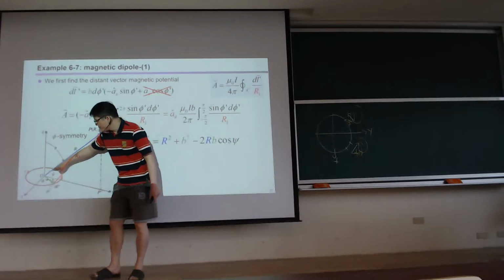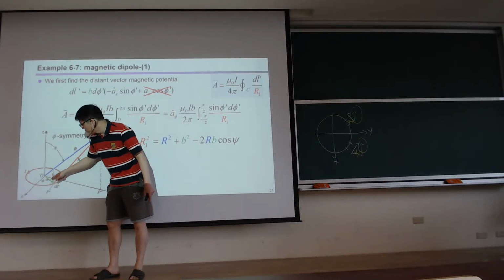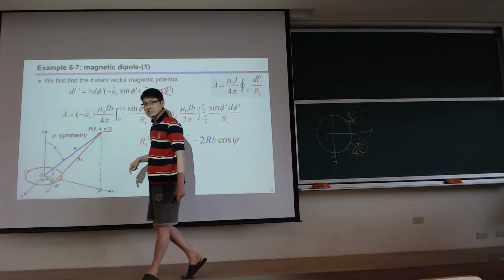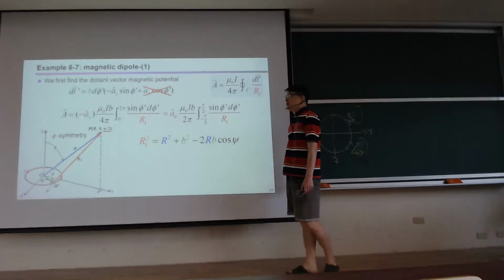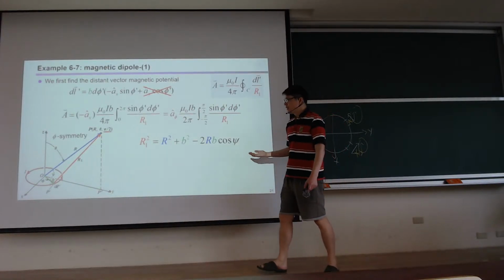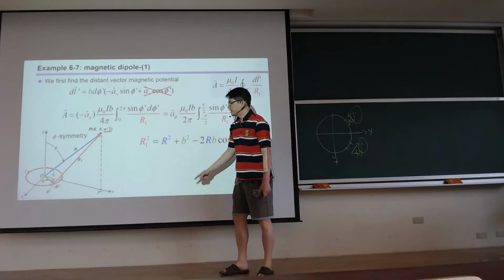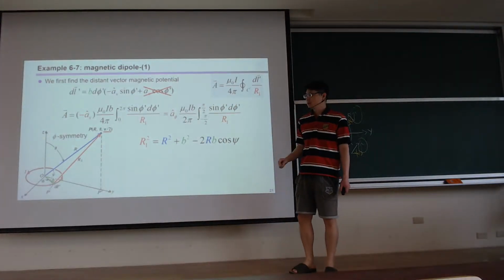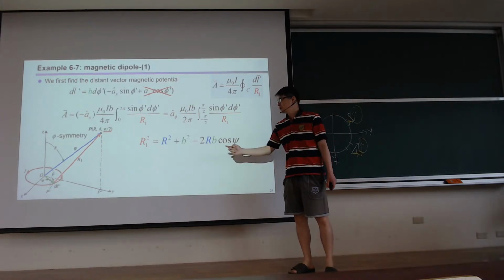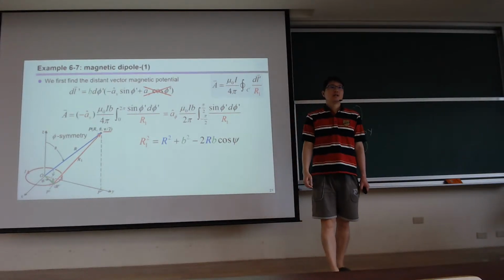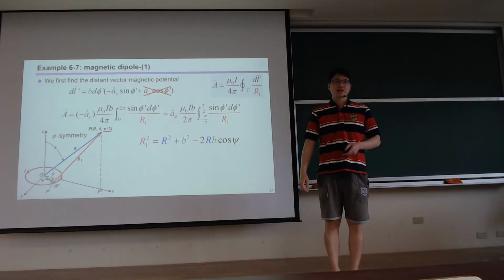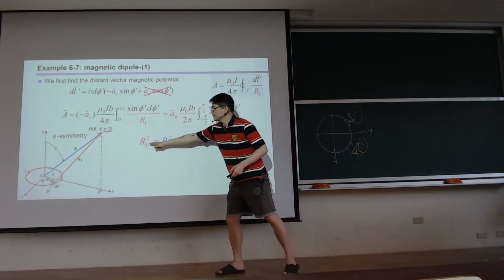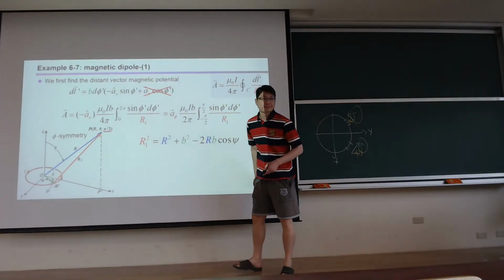If we assume this three-dimensional angle between R and B is called capital psi, then using the law of cosines, we know that R1 squared is R squared plus B squared minus the multiplication of R and B and the cosine of psi. Of course, you have a factor of 2. This is something we learned in high school, right? The cosine rule.